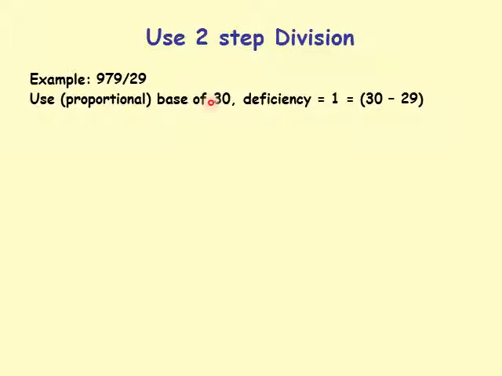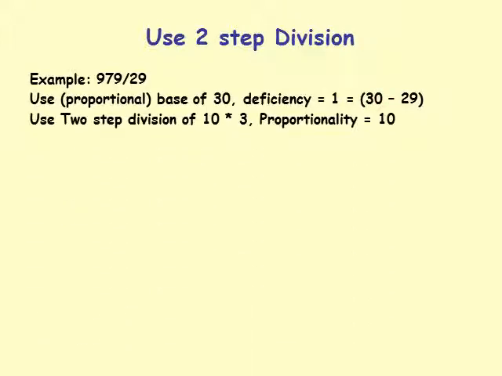Let's continue here. We'll use two-step division. 30 is equal to 10 times 3 and the proportionality is 10. I used the base number as the first division and the factor of that as the second division.